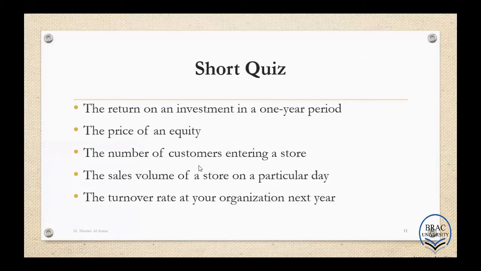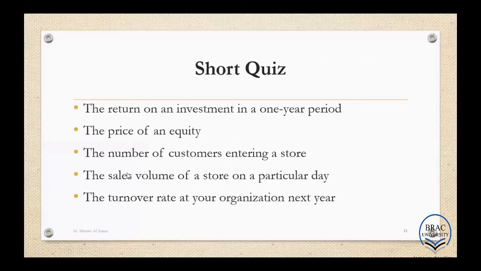The number of customers entering a store. So number of customers cannot be any fractional value. So that means this is discrete random variable. The next one, the sales volume of a store on a particular day.